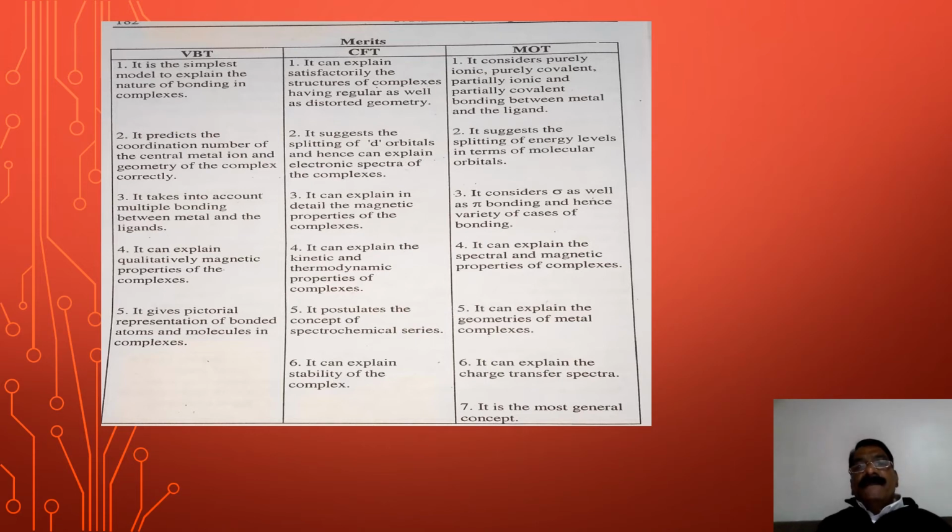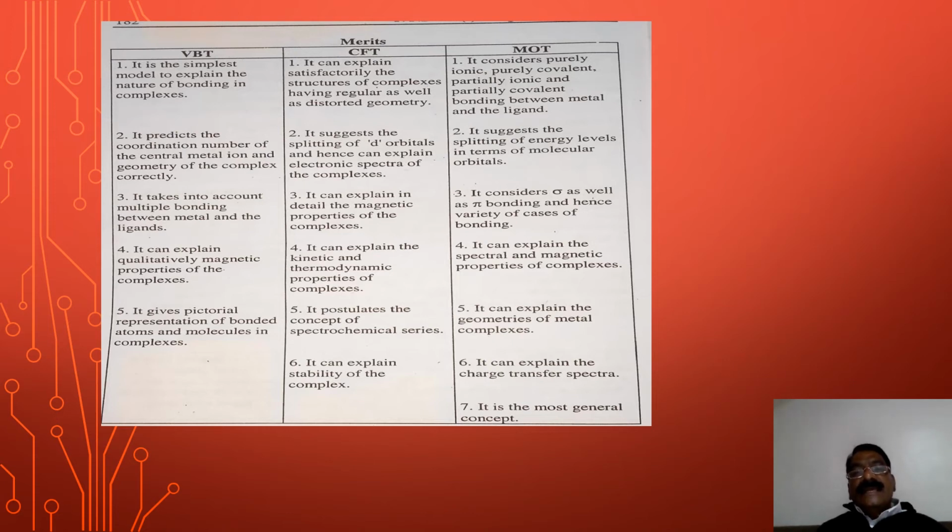Merits of the MOT. First, it considers purely ionic, purely covalent, partially ionic and partially covalent bonding between metal and the ligand. Second, it suggests the splitting of energy levels in terms of molecular orbitals. Third, it considers sigma as well as pi bonding and hence a variety of cases of bonding.